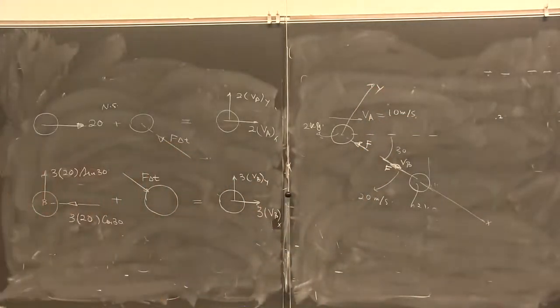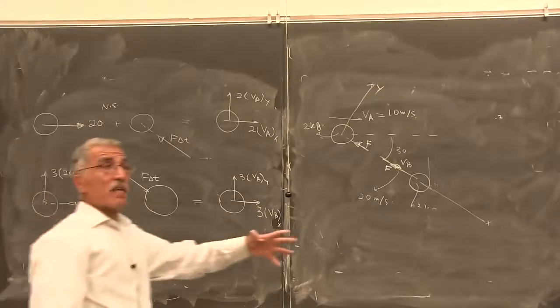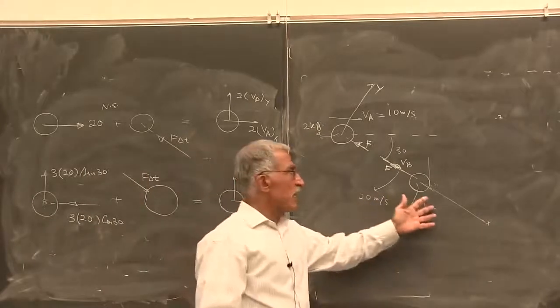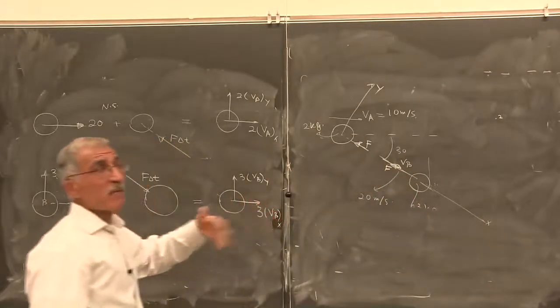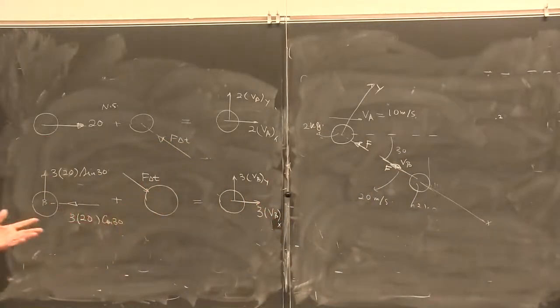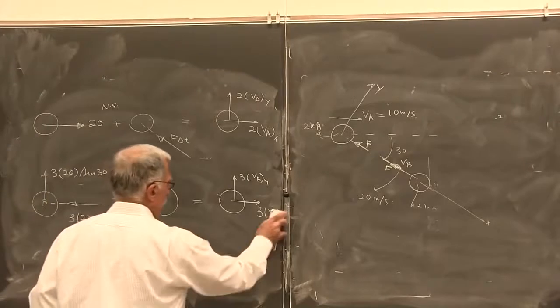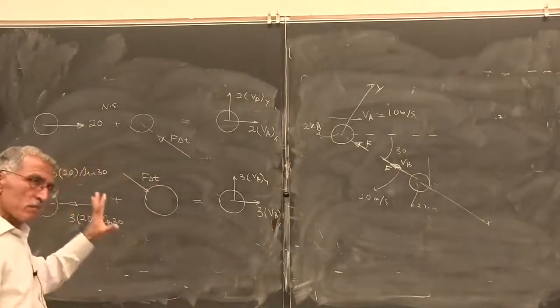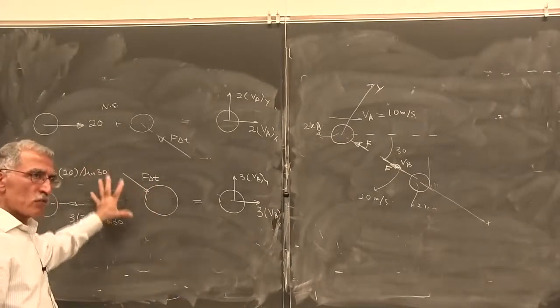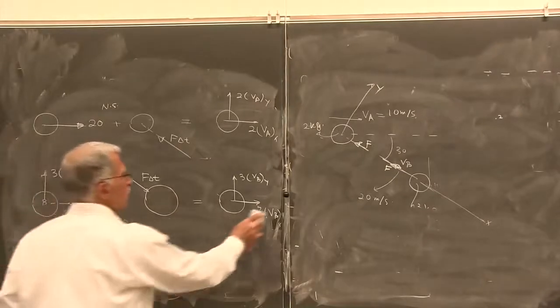Not a problem. You can use any coordinate system you have. If you use this one, maybe life becomes a little easier to understand what's going on, and I will tell you why. I will come back to this one as well, but let's go ahead and use that one.